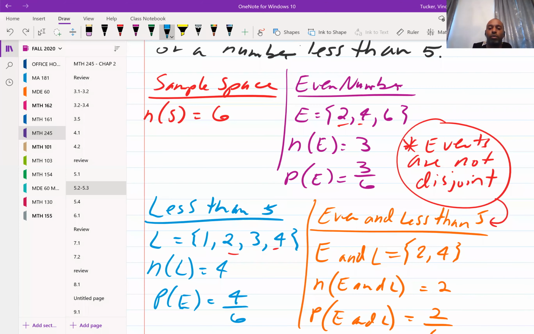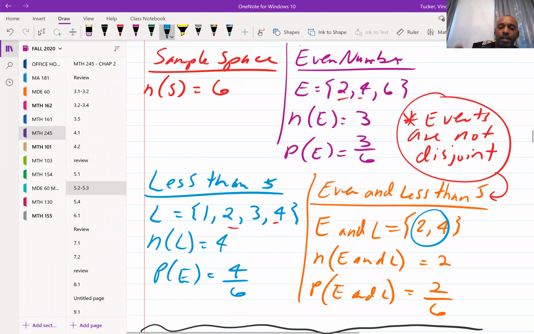In other words, 2 and 4. So once again, there are 2 numbers that are even and less than 5. So we take that number 2 and place it over 6. So this is the probability of getting a number that's even and less than 5, a 2 out of 6 chance.